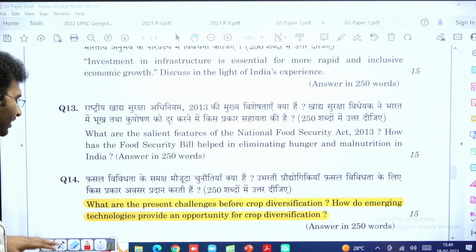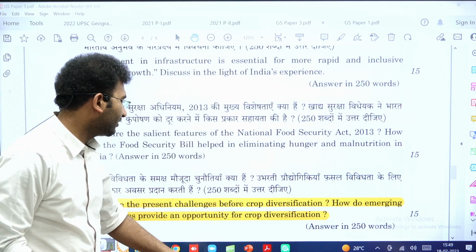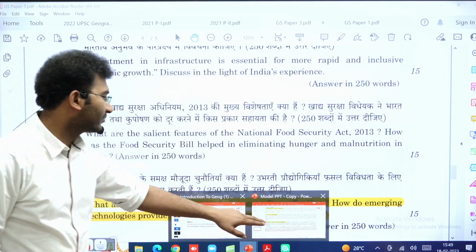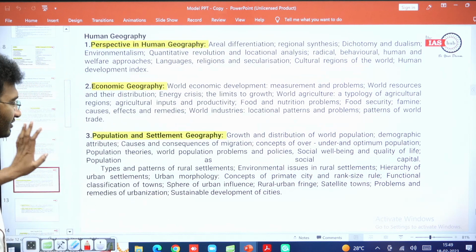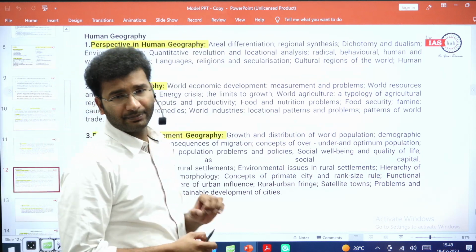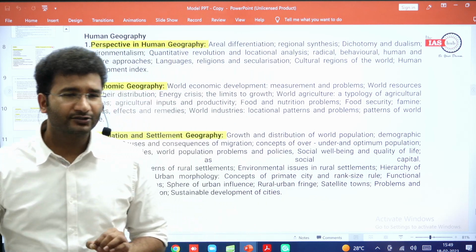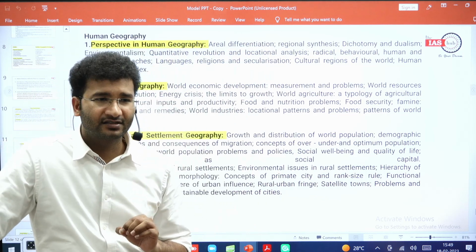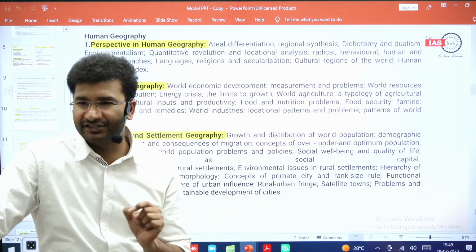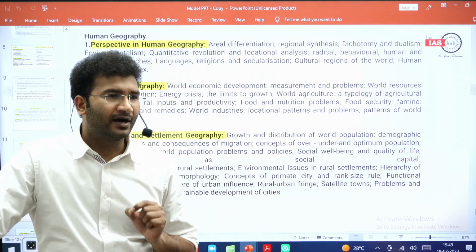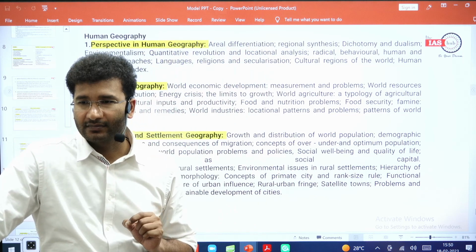Now this is another advantage which an optional student from geography has. Once you look into the geography papers, I'll show you the optional subject papers of geography. Here the geography optional papers have questions that can fetch very high marks. Why?